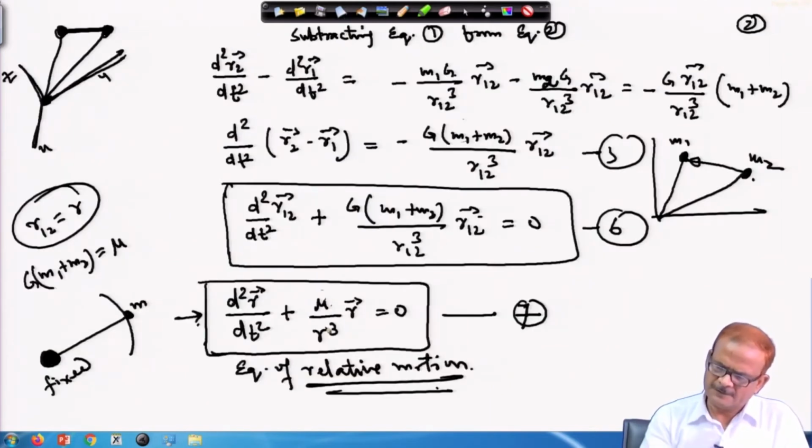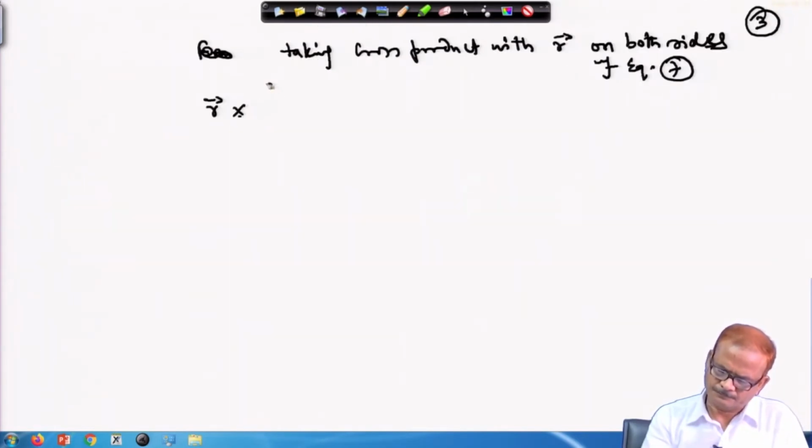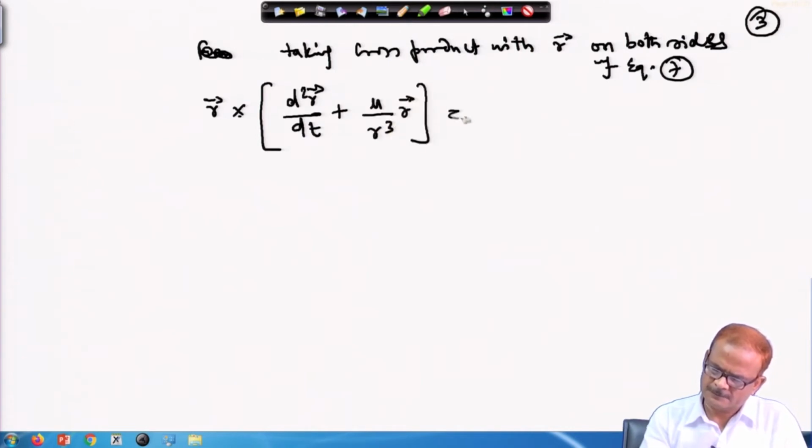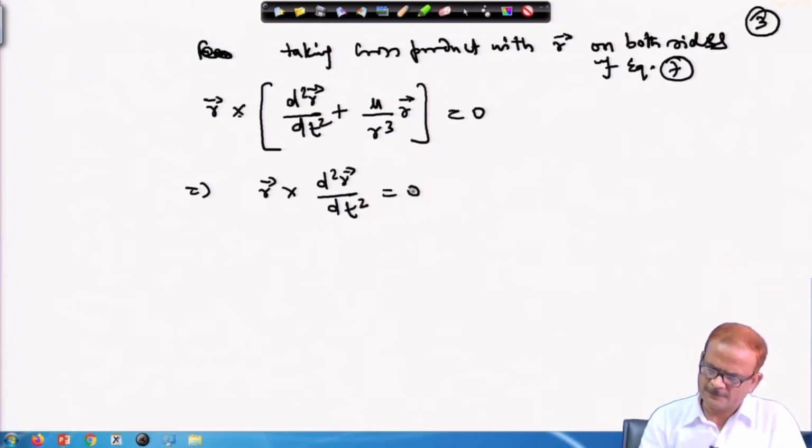So, here in this case d square r by dt square plus mu by r cube r equal to 0, and what we see from this is r cross d square r by dt square equal to 0, because r cross r will vanish.